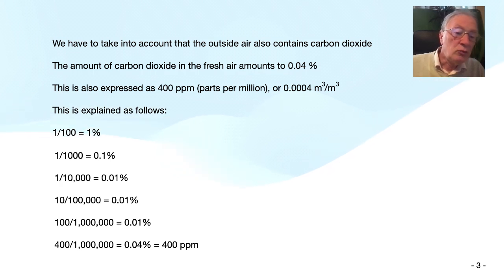Then you go to 0.1%, 0.01%, and we can go to 0.04%. And that is 400 ppm, and that is 400 cubic meter of CO2 in a million cubic meter of fresh air. And that's the lowest concentration.